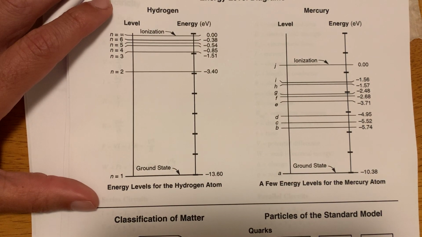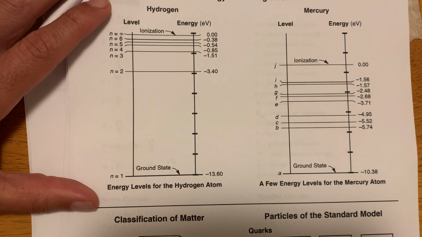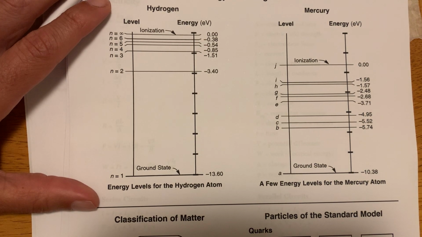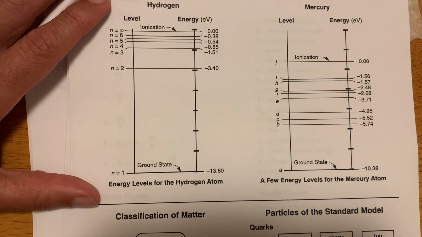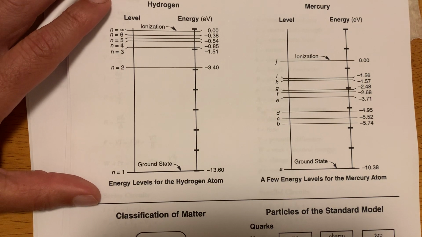Let's just concentrate on hydrogen for right now. This diagram is trying very hard to represent where an electron can be when it's in the hydrogen atom.